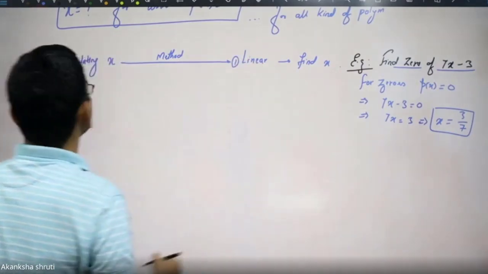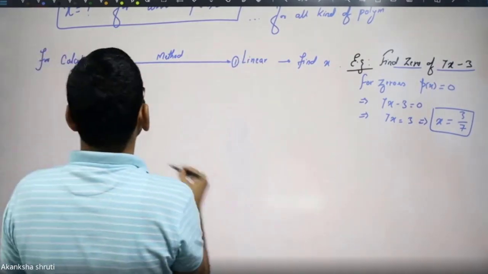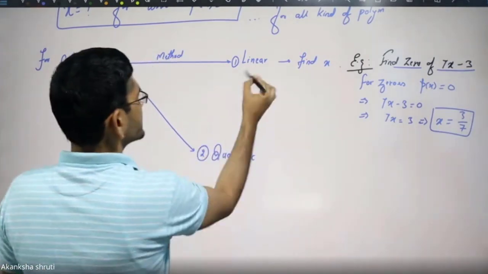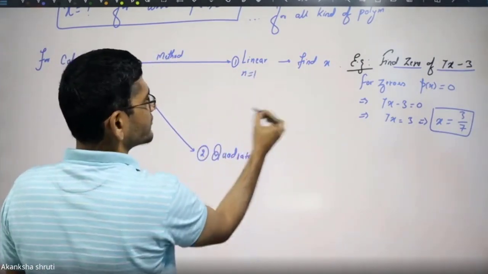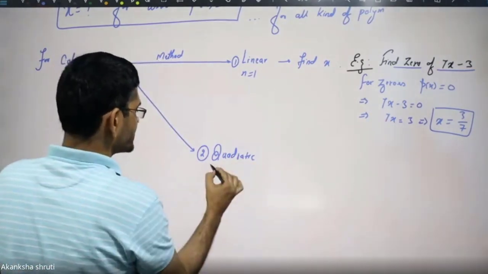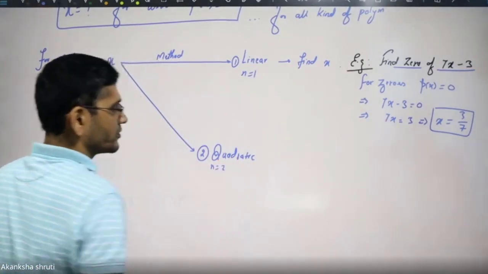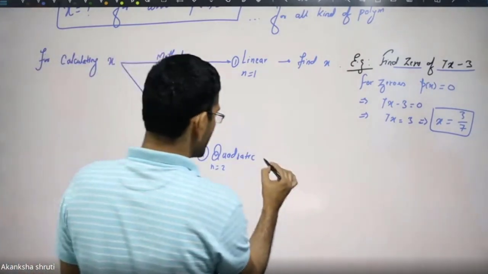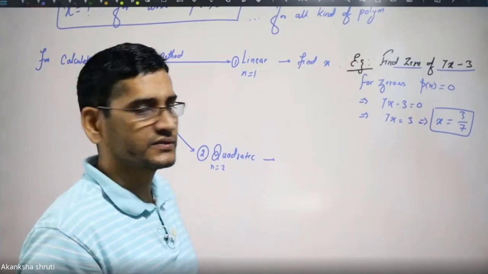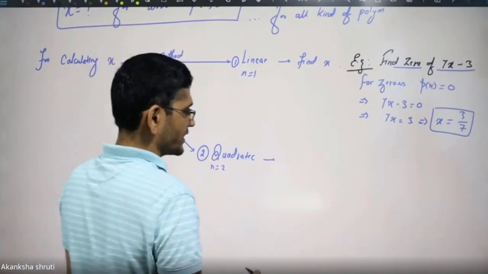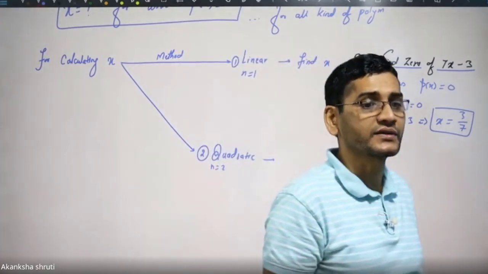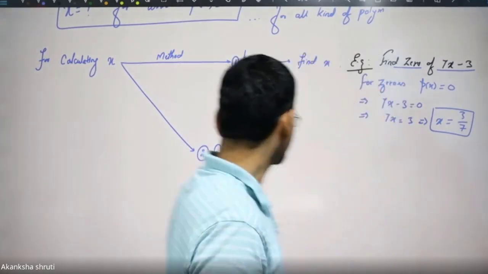That's very easy. But if it is quadratic, linear means the degree was 1 only, so that's why x at only one place. Quadratic means the degree is 2 now. In this case, there are a total of 3 methods. The first one is called splitting the middle term or factorization, that we have learned in class 9th.